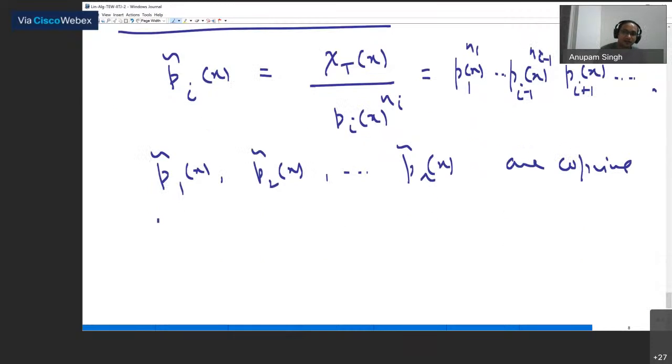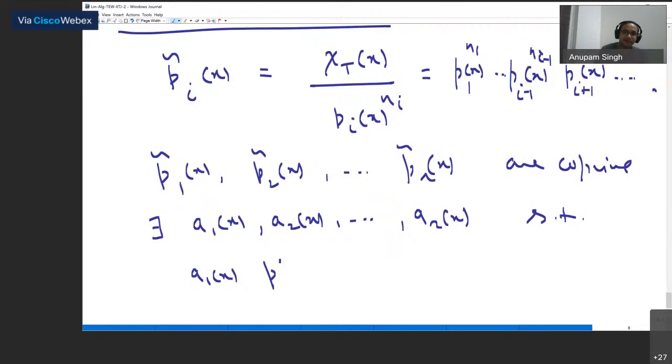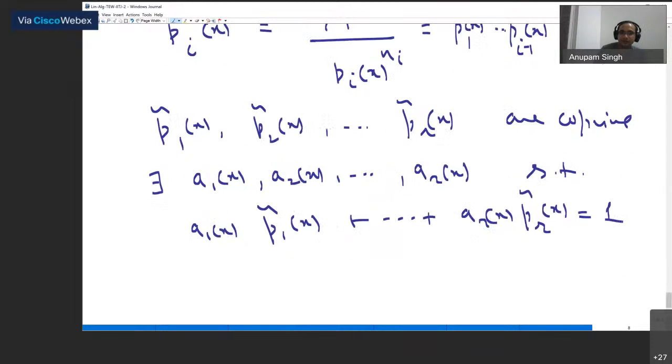And again, the theorem of ring theory will say that there exist some, let's say, polynomials a1(x), a2(x), and so on, ar(x), such that I get a1(x) P1 tilde(x) plus and so on, ar(x) Pr tilde(x) equal to 1, right?